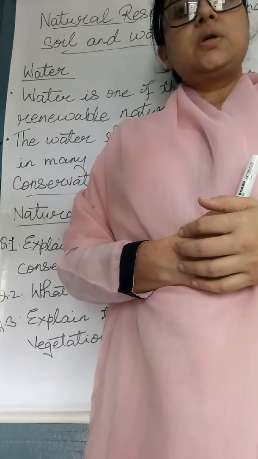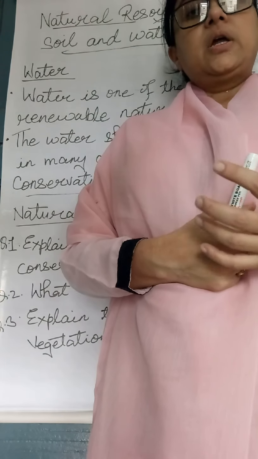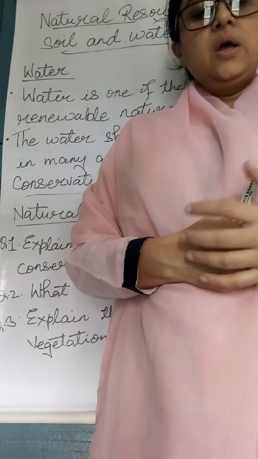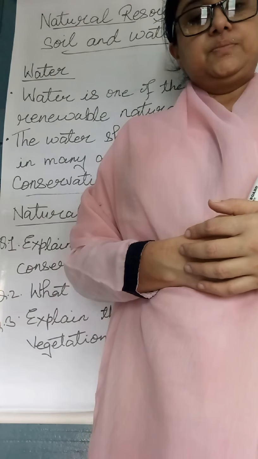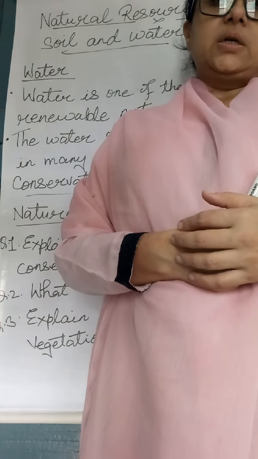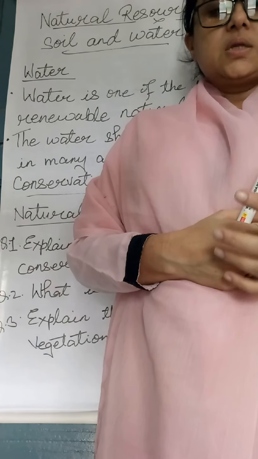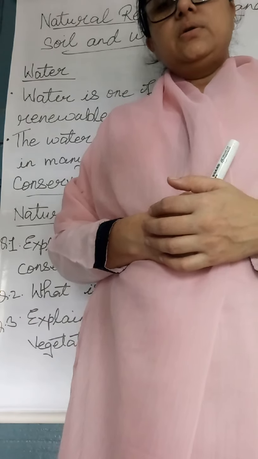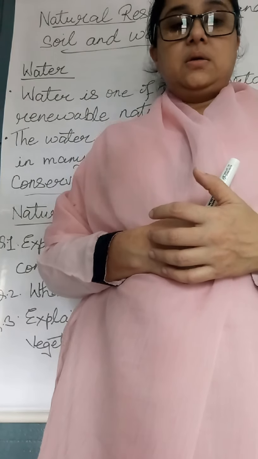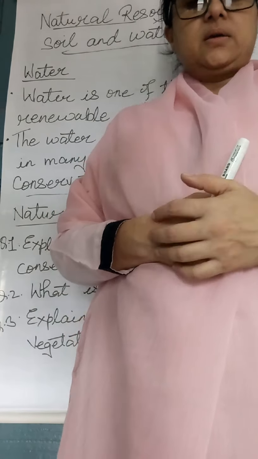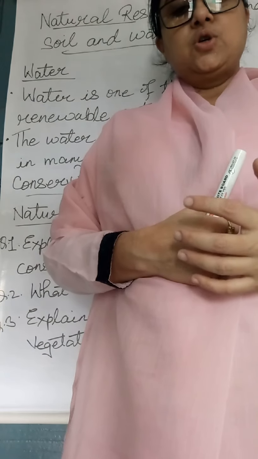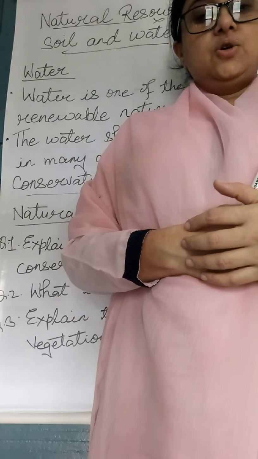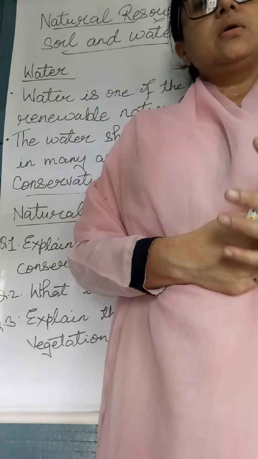If a tap is not working properly, then it should be repaired. Rainwater harvesting. It is an important method of conserving water. Rainwater can be collected in a storage tank and later used to fill up wells and tube wells to recharge groundwater.